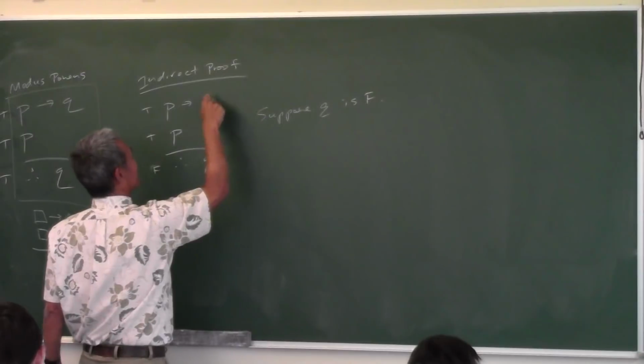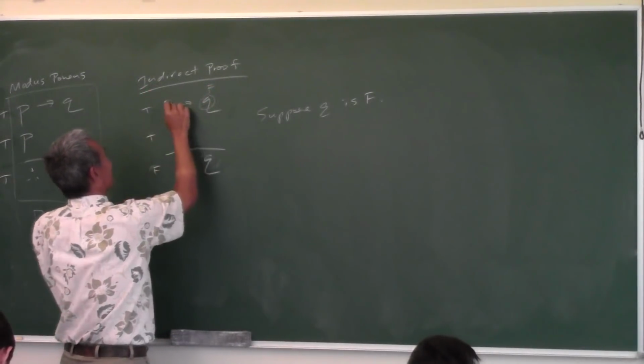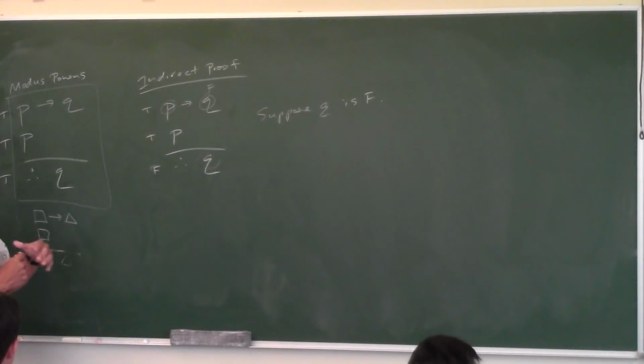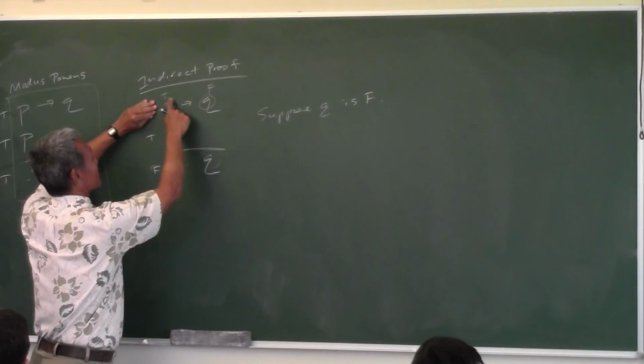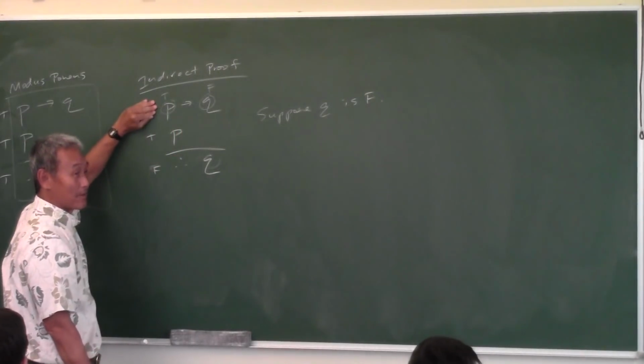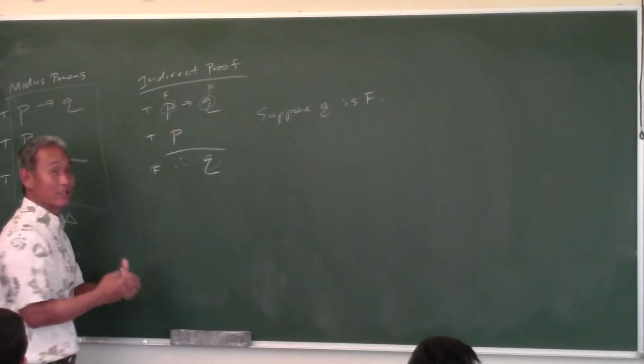If Q is false, and this entire statement is true, what conclusion can you make about P? It's false. P has to be false, right? Because if P were true, if you have a conditional statement where the first one is true and the second one is false, doesn't that make it false? But we know it's true. So therefore, P has to be false.